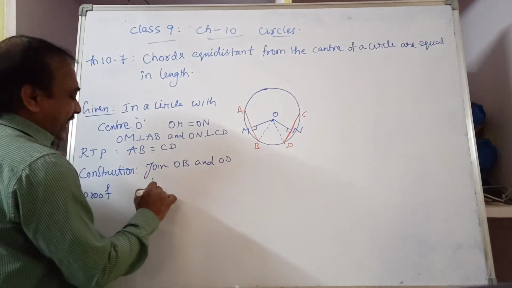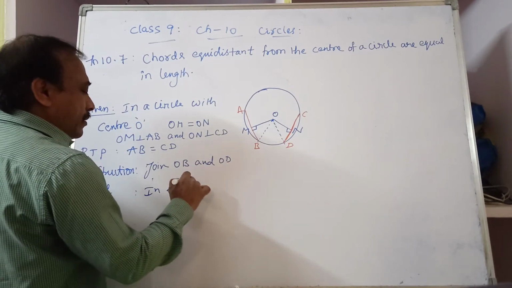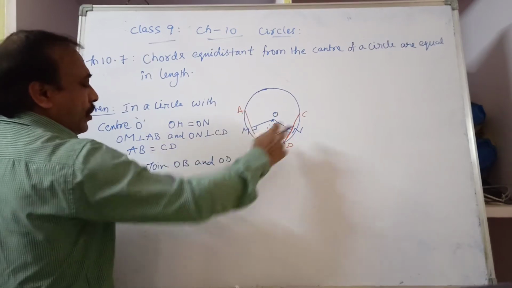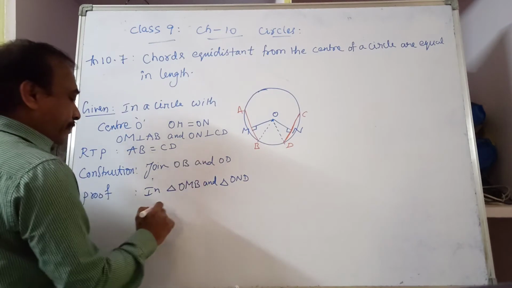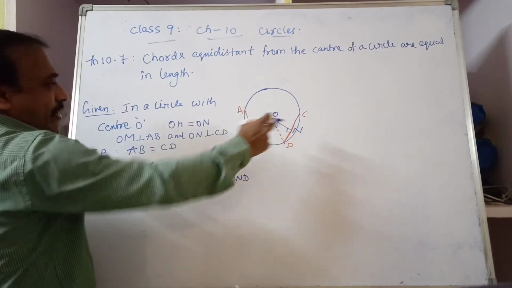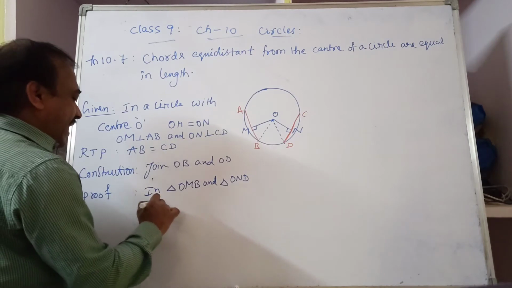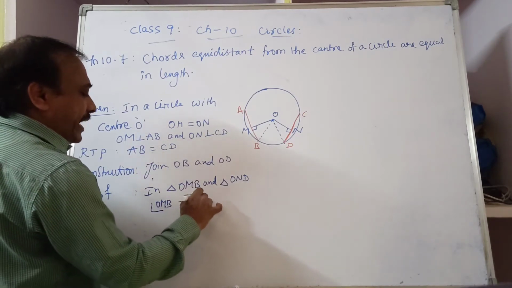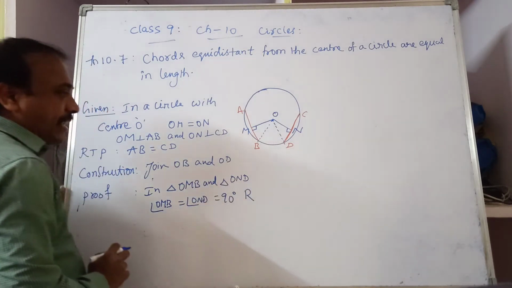In triangle OMB and triangle OND, it is given that OM is equal to ON, and angle OMB is equal to angle OND, which is equal to 90 degrees, a right angle.